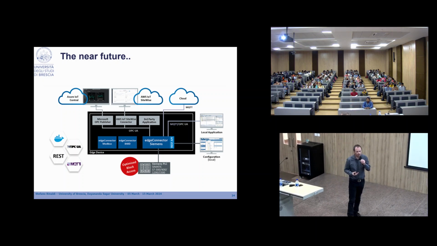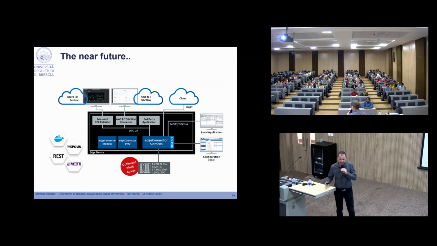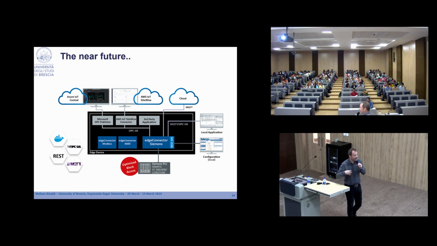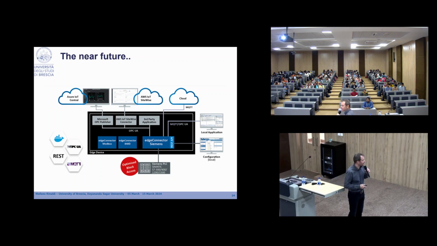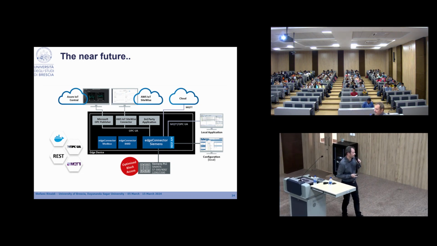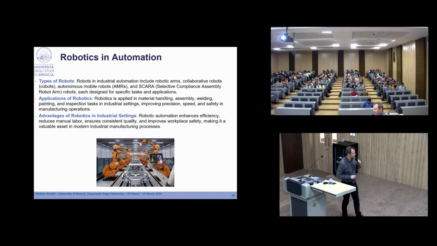So the idea is to completely remove any hardware device, any PLC, from the automation plant. But I will speak more in detail about this solution when we enter into the detail of edge computing. Just to mention here, that's the future trend for industrial controllers.